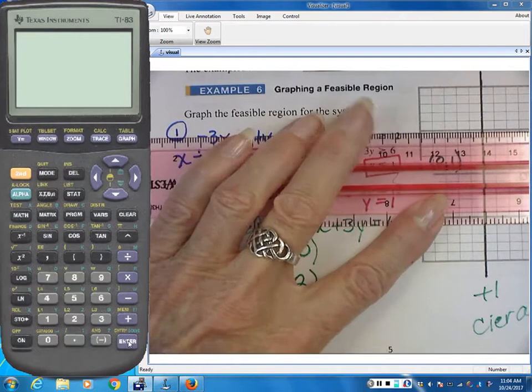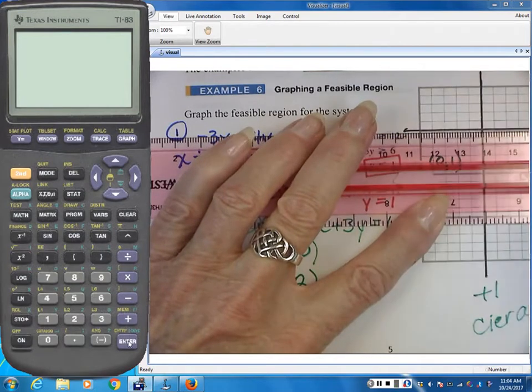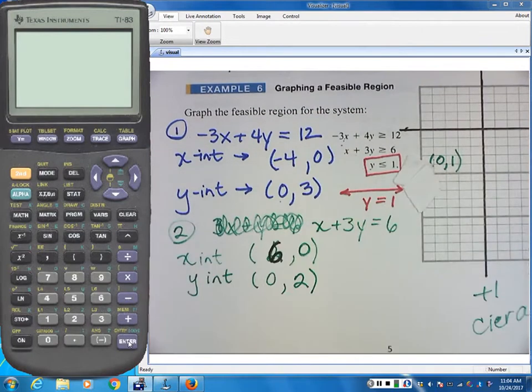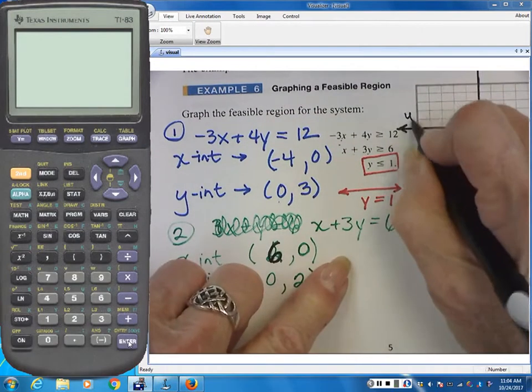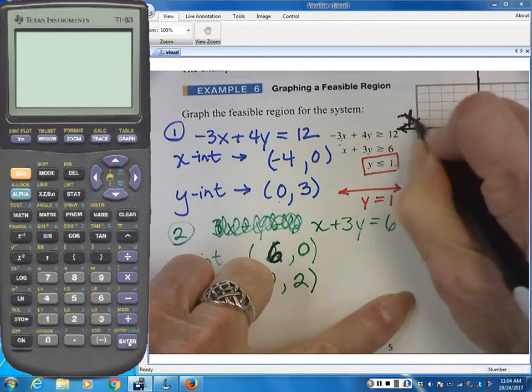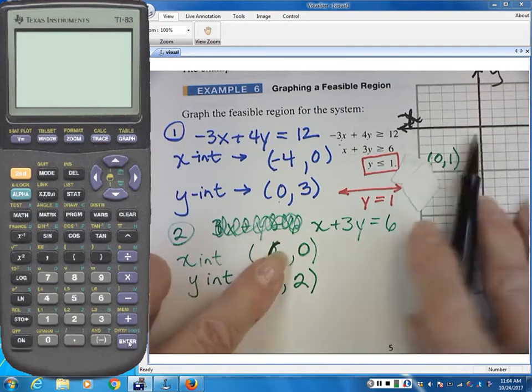And I'm going to choose my y-axis to be up here, so that I have plenty of room to plot points that I know that I have to plot. I'm going to let each one of these little squares be 1.